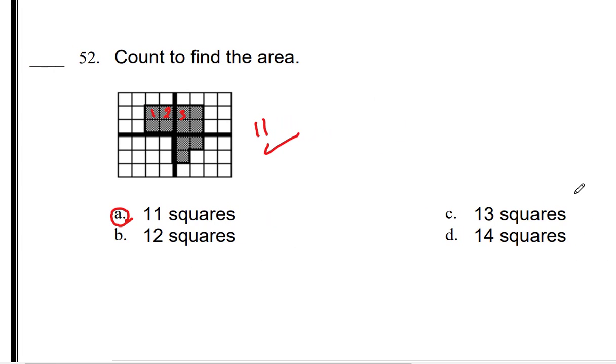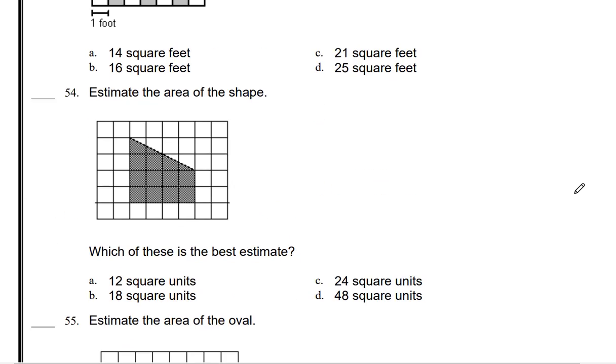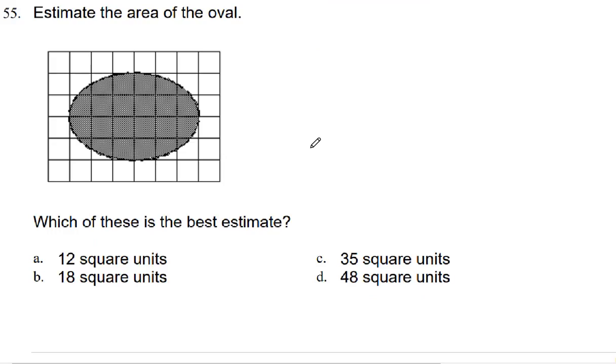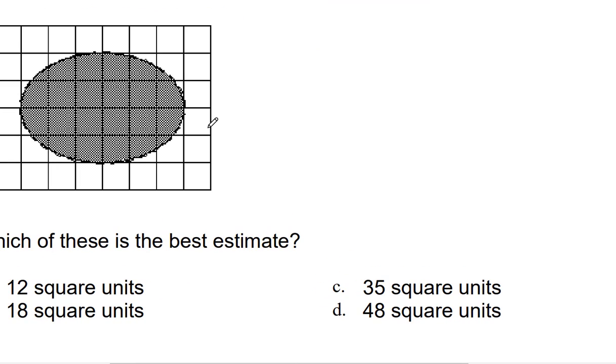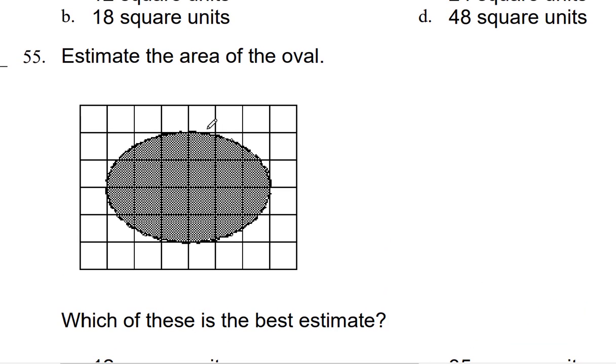This one. 55. Please. Okay, I heard you, so I will go to 55. You're asking about this one? Okay. Let's read the question first because this question is different. This question is not find the area, it's estimate the area.